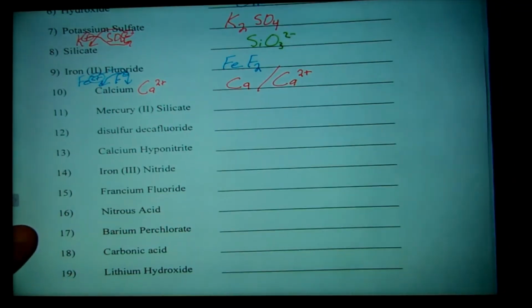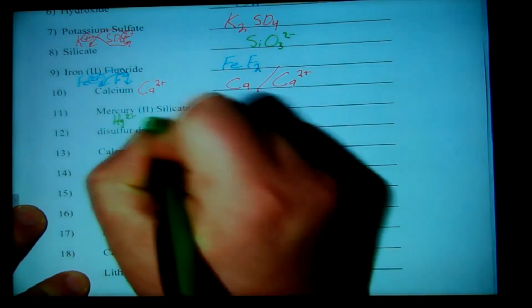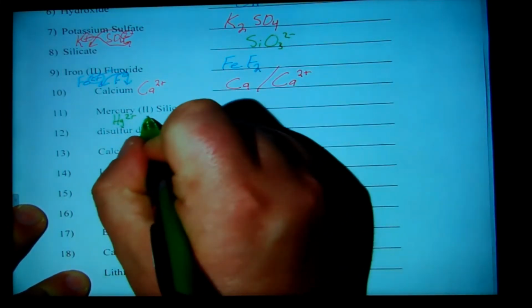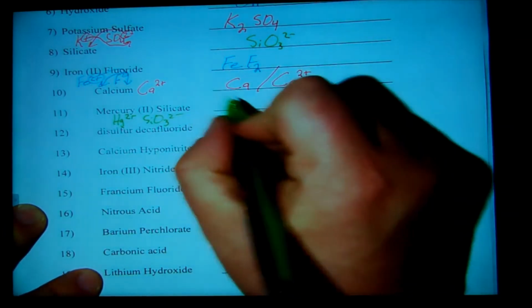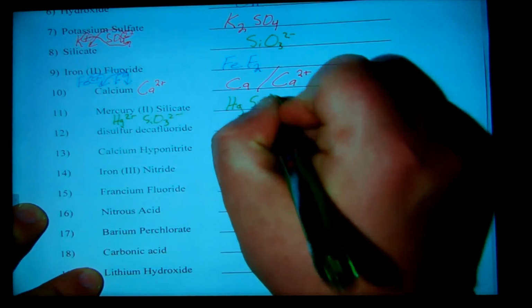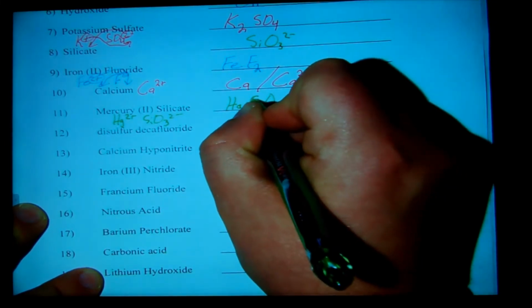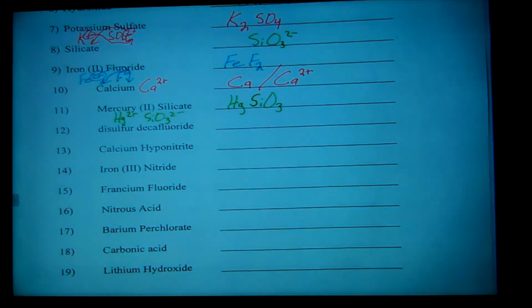So let's go to number 11, mercury 2 silicate. Mercury 2 is Hg2 plus. Silicate is just like above. SiO3 2 minus. That's a 1-to-1 ratio, so it's just HgSiO3. That is an S. Go to number 12.